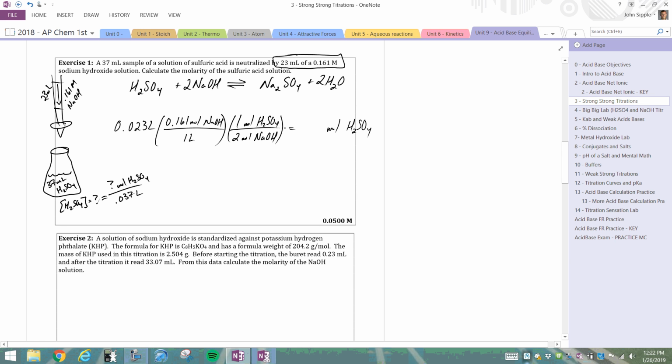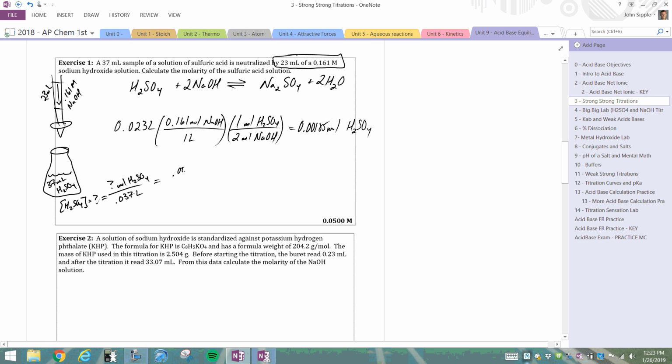If we run that calculation, 0.023 times 0.161, divided by 2, we end up with 0.00185. Okay, and to figure out the concentration here, we just plug that in.